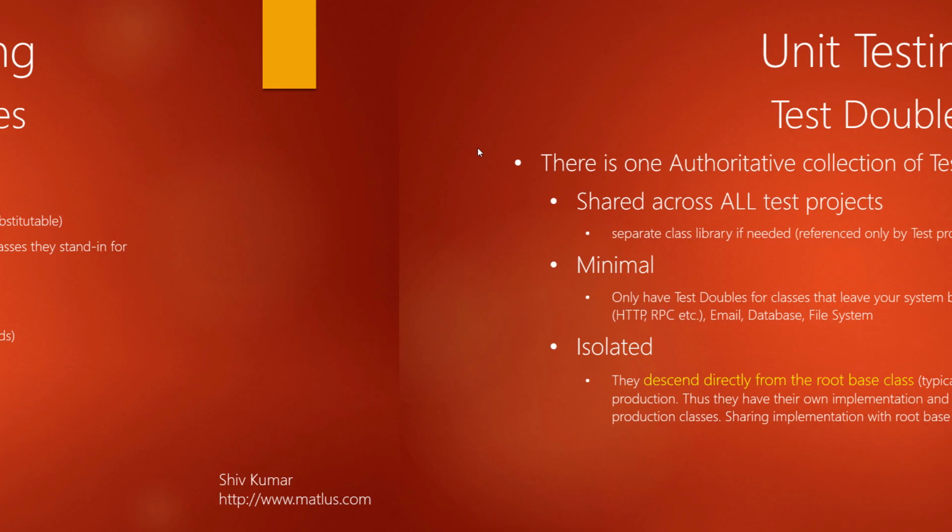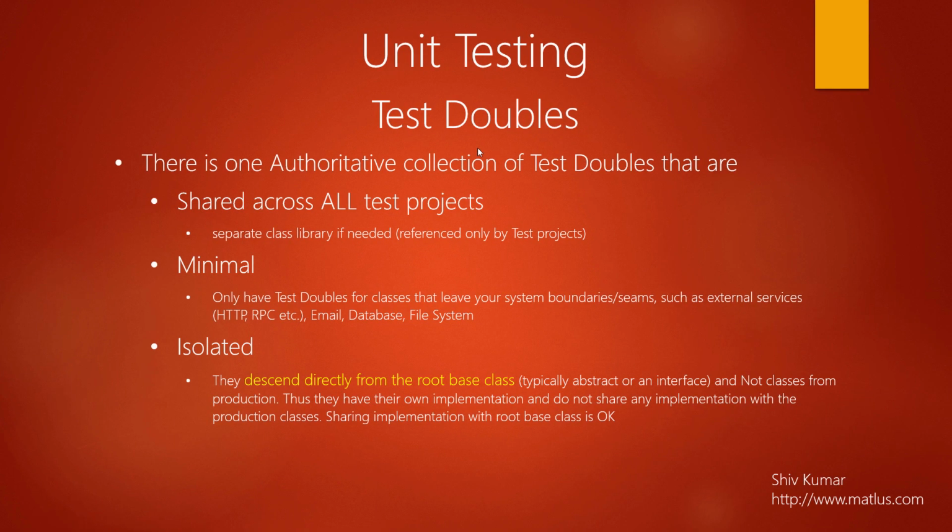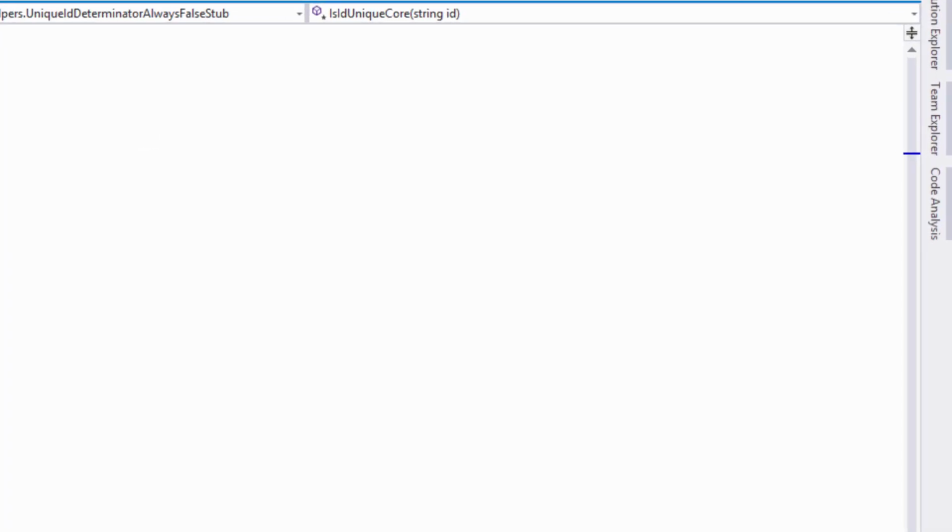I'm going to the next slide. So there are some rules and disciplines around using test doubles. There is only one authoritative collection of test doubles in your entire test suite. If you have multiple test projects, then you would define, let me show that here.